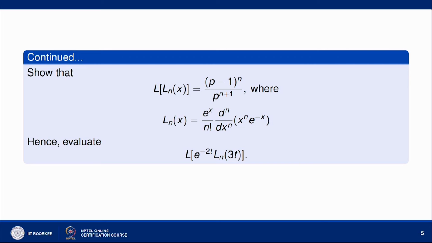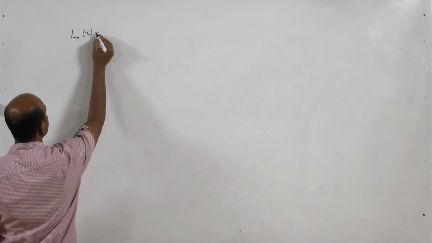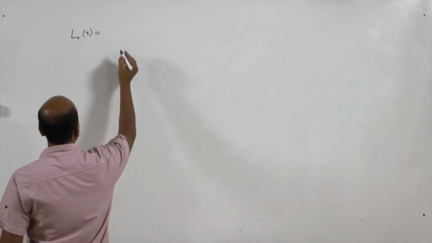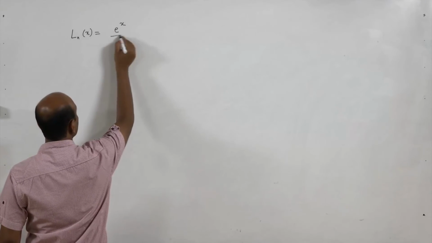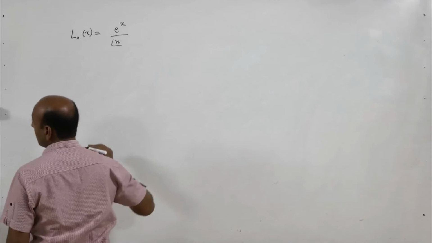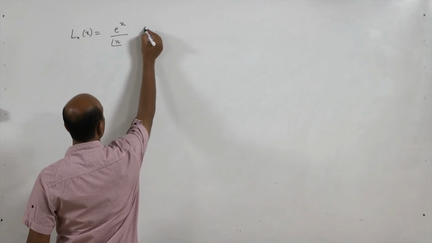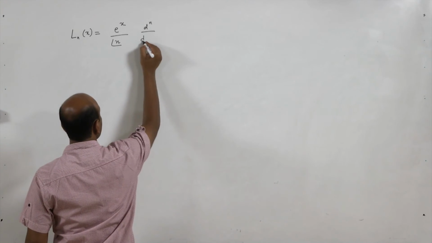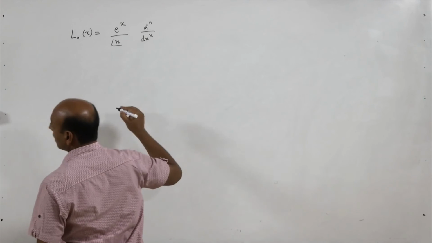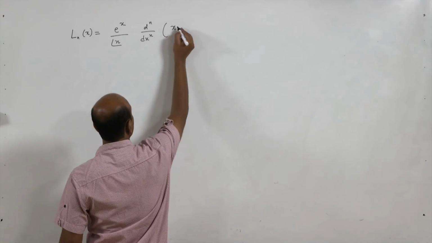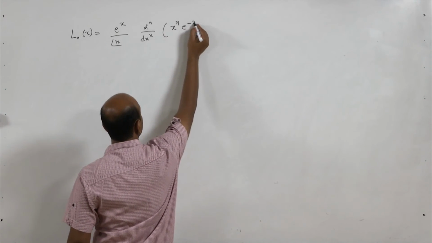So what is Ln(x)? Ln(x) is given by e to the power x upon factorial n, nth derivative of x to the power n e to the power minus x.